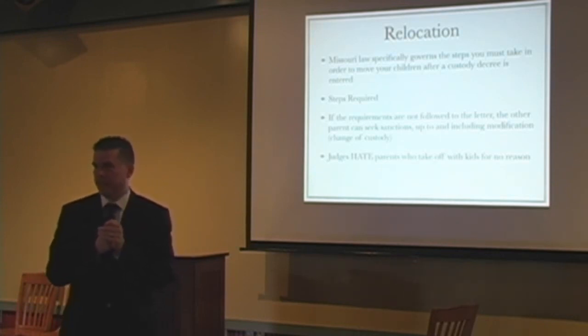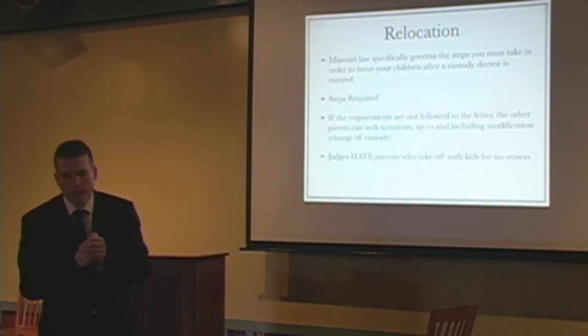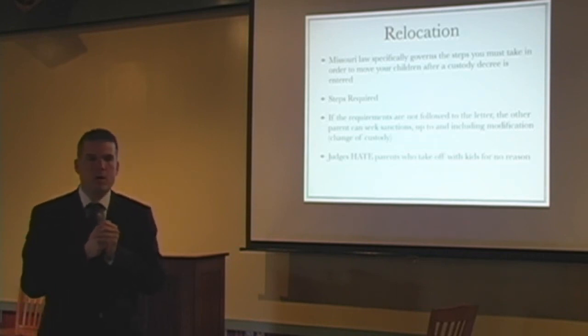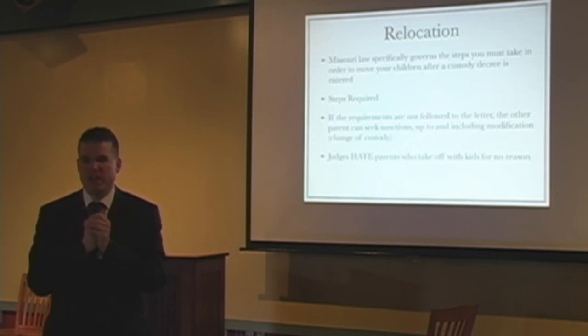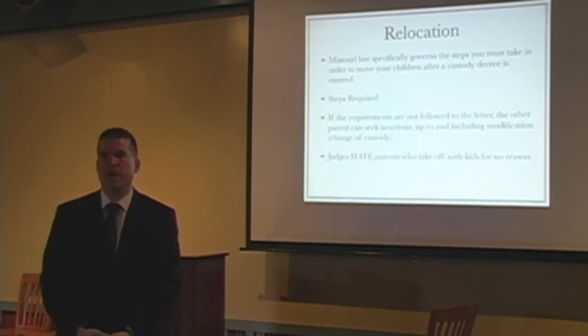They hate it because it's underhanded most of the time, and they hate it because it creates legal and practical difficulties that both parents end up having to deal with, and it shows a marked lack of willingness to co-parent. The judges simply, whether it's right or wrong, whether they should in one case over another, they tend to put that over and above everything else.